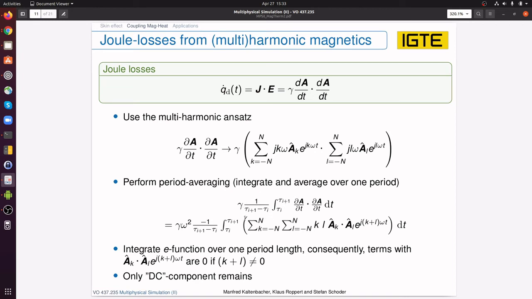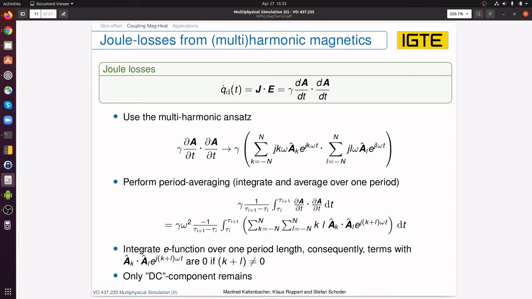We can also transform this into frequency domain. How do we obtain this value, which is the Q_D overline? How can we obtain this result with the solution of the multi-harmonic problem? So these A_k hat and A_l hat are the solutions of our multi-harmonic system, so the solution of the magnetic vector potential in the different harmonics. And this is done by simply looking at this construct here.